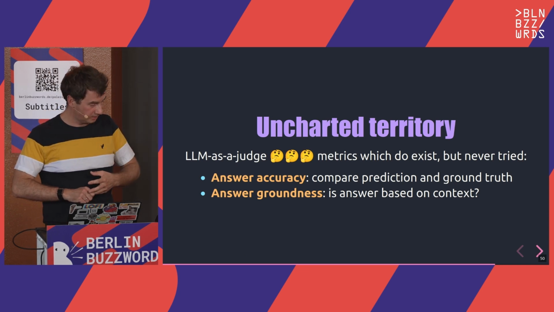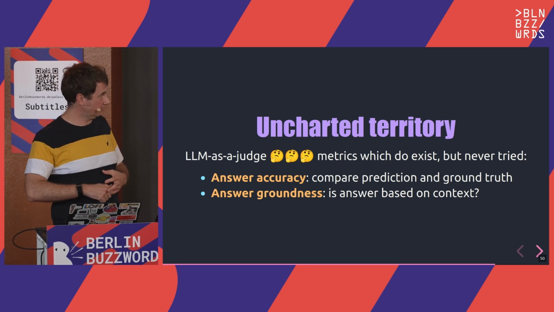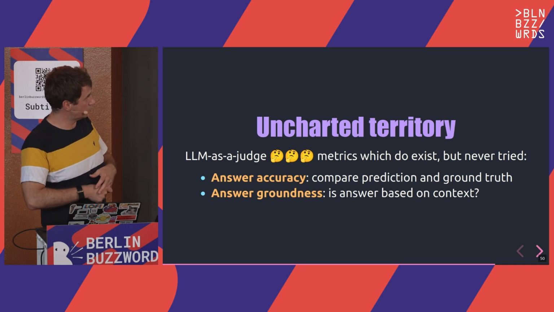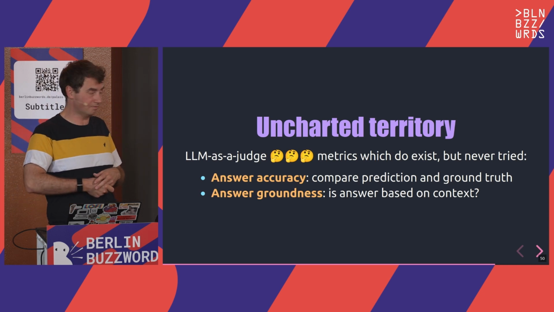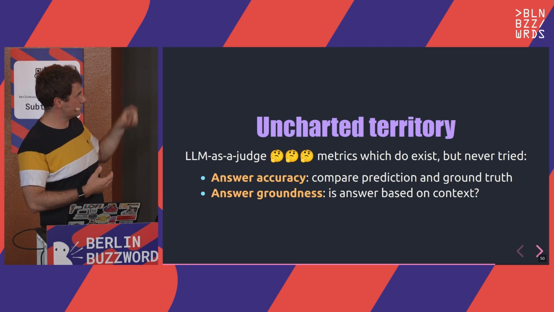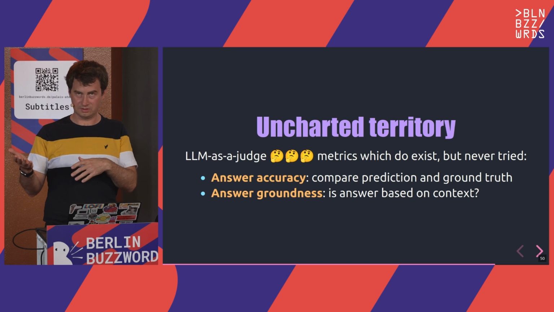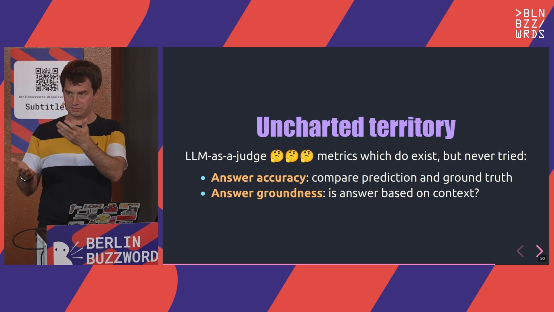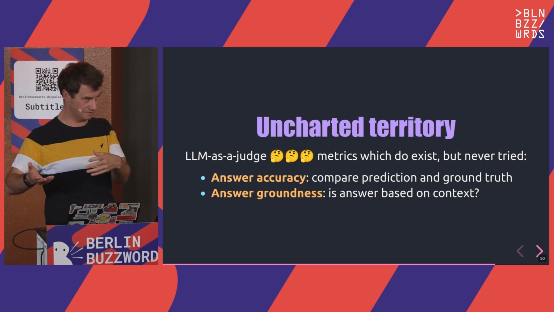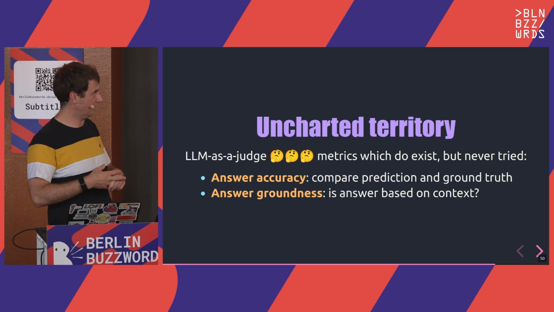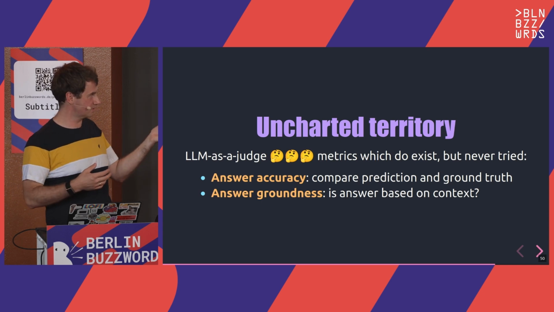There is also quite a big uncharted territory we haven't covered. There are 2 metrics which we may do sometime. The first is answer accuracy, comparing the ground truth answer and the prediction, if you have ground truth answers. But we don't have any ground truth answers, so it's hard to evaluate.